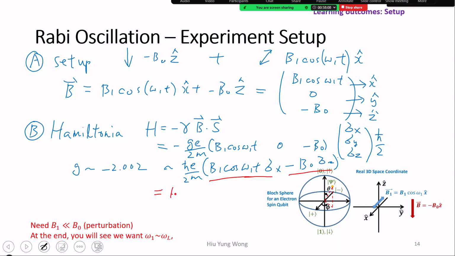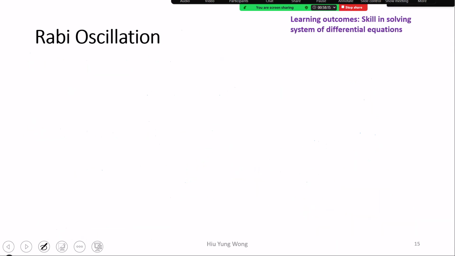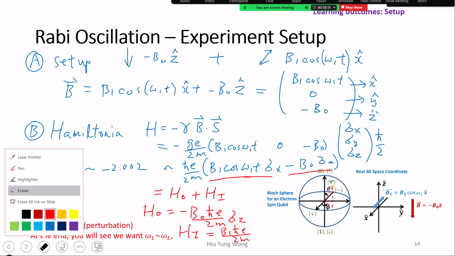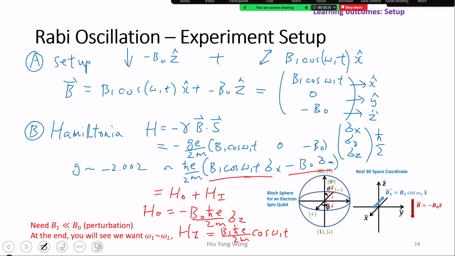I can say this equals H0 plus Hi, where H0 equals negative B0 h bar e divided by 2m sigma z, and Hi equals B1 h bar e over 2m sigma, and then cosine omega 1t sigma x.